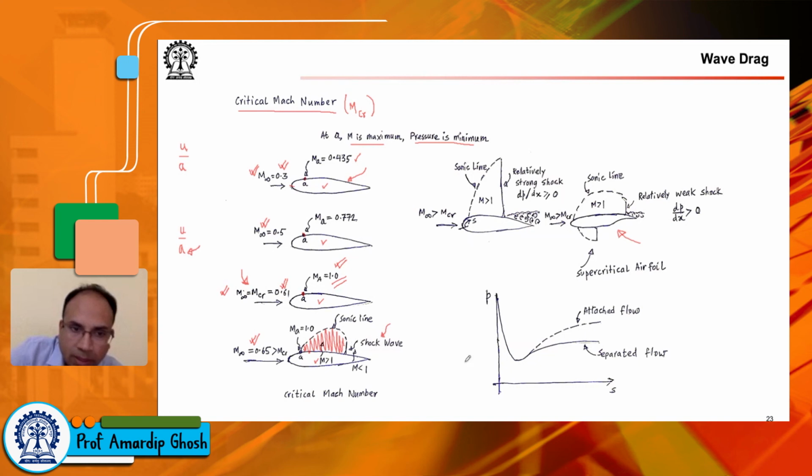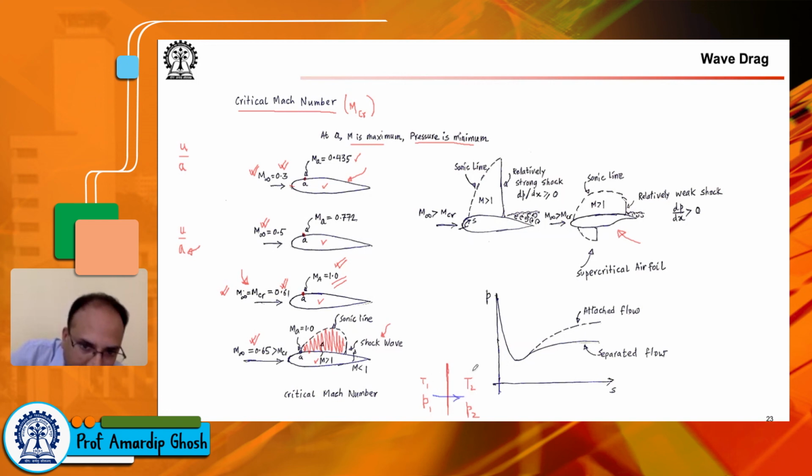You remember that we showed that across a shock wave, static temperature increases. You remember this is T1, this is P1, this is the normal shock wave, this is T2, this is P2, and flow is going across the normal shock, say from left to right.